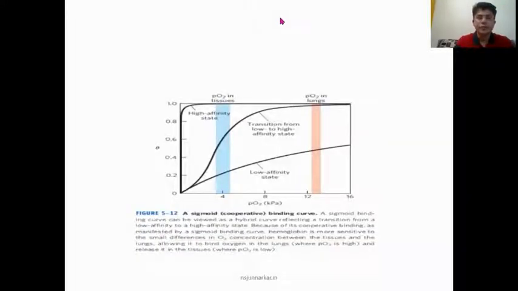Hemoglobin binds to oxygen in a sigmoidal manner because it binds oxygen in a cooperative manner. Now this figure indicates that the partial pressure of oxygen in the lungs is about 13.3 kilopascals, whereas the partial pressure of oxygen in the tissues is around 4 kilopascals.